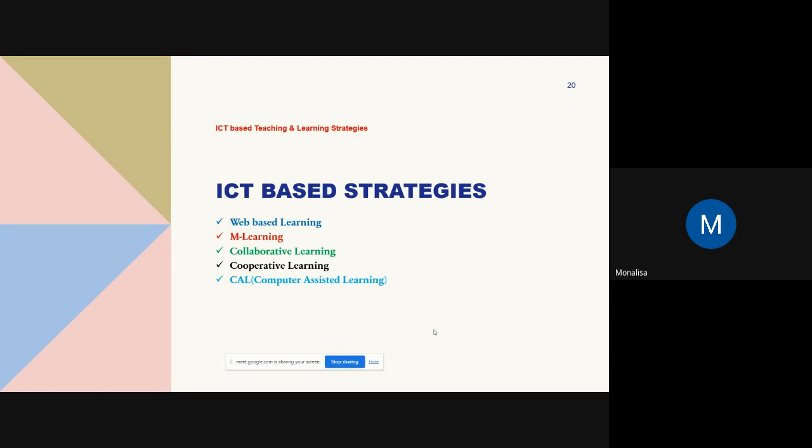That means ICT has given a broad era of using various technology in our teaching learning methodology to enhance the learning capability of the students and to improve the teaching capability of the teacher. So it will provide a better era for the teaching learning methodology. The first strategy is web-based learning.